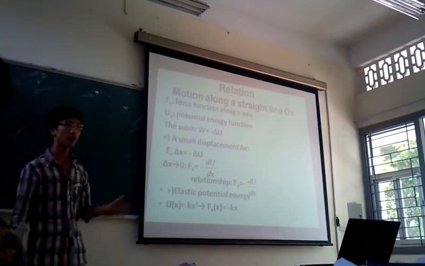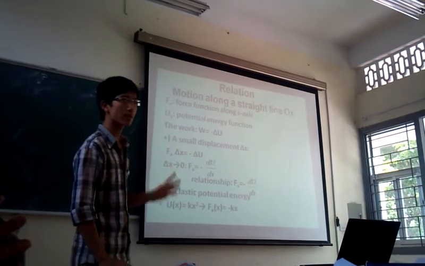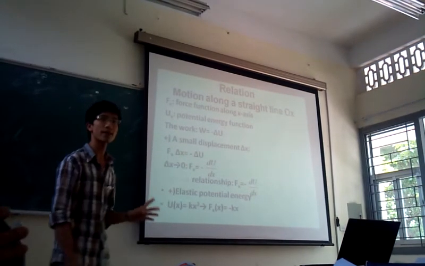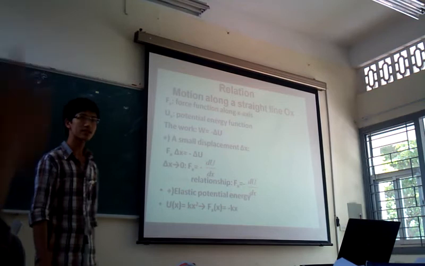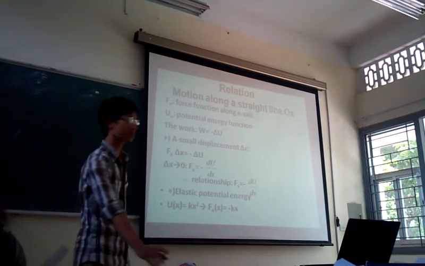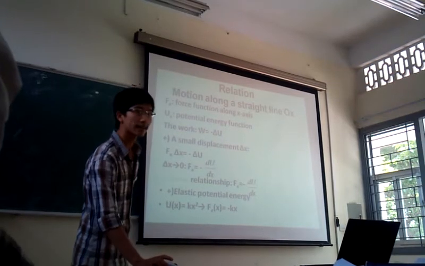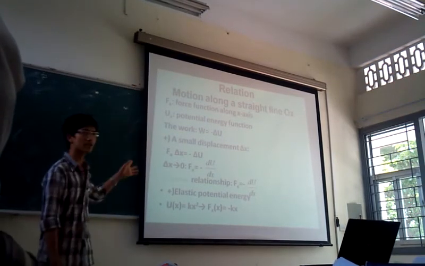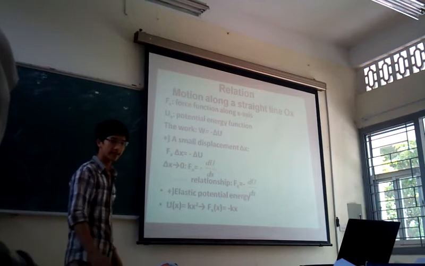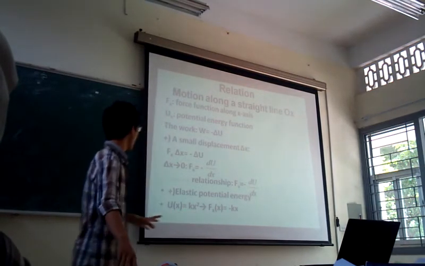The work done by the conservative force in this case approximately, remember, approximately equals minus delta U. So we have the formula Fx delta x approximates minus delta U. Now we consider when delta x approaches 0, and then we take a limit.